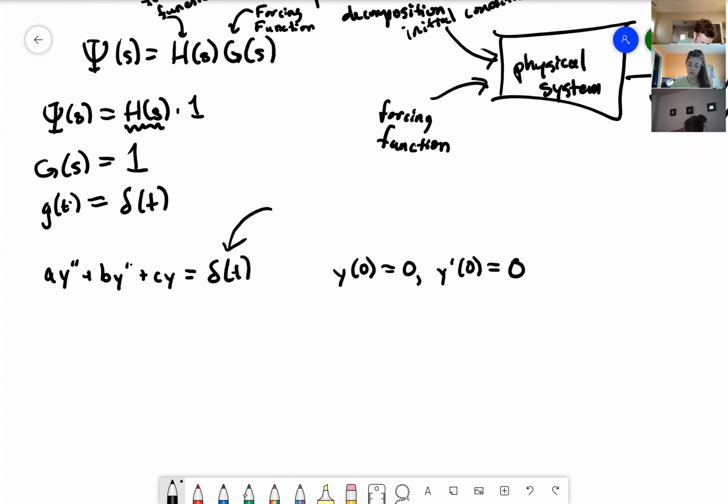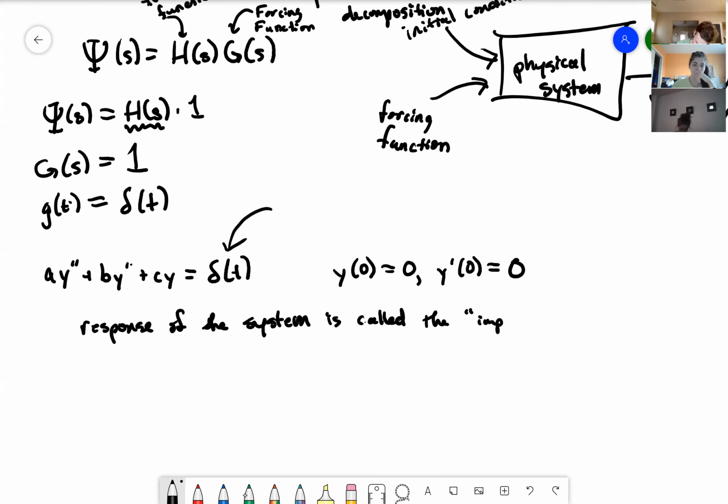And the solution that we get from this, the response of the system, is called the impulse response.